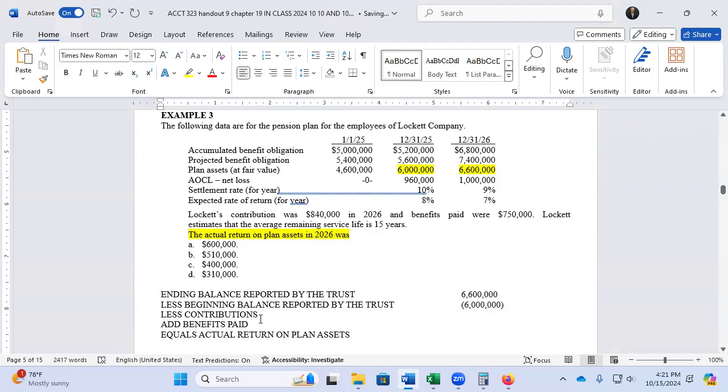Then we have to take out the contributions. We're going to add the benefits paid, $750,000.